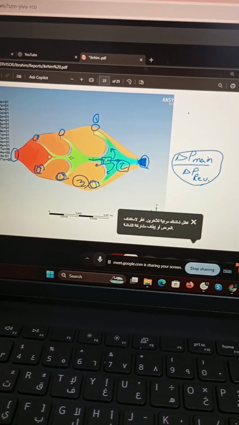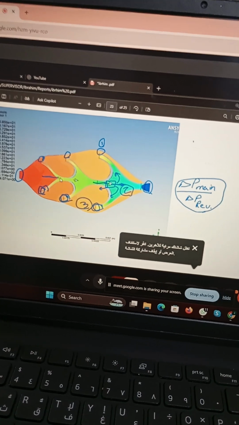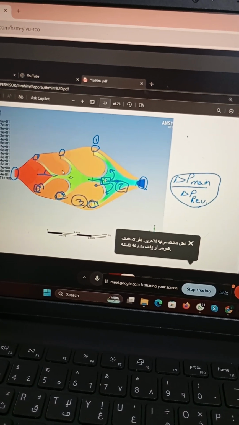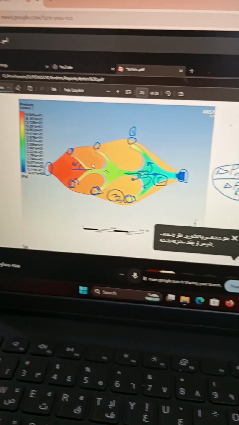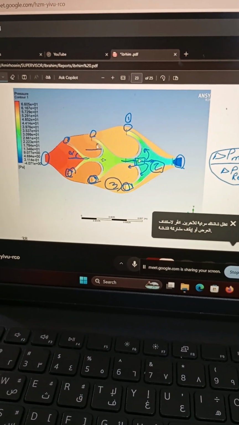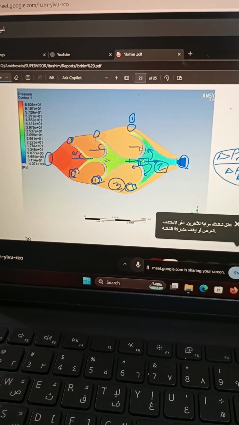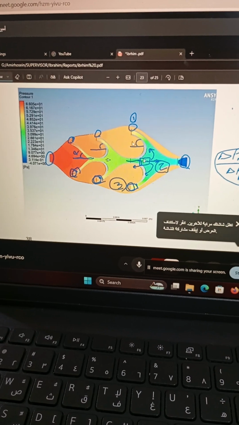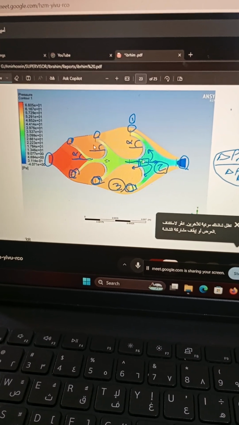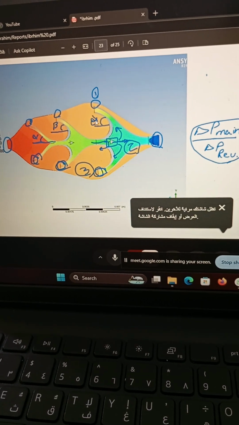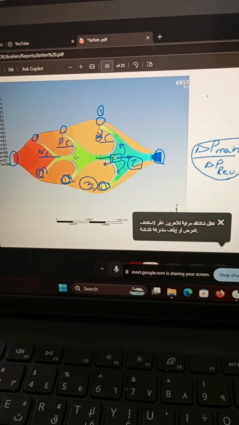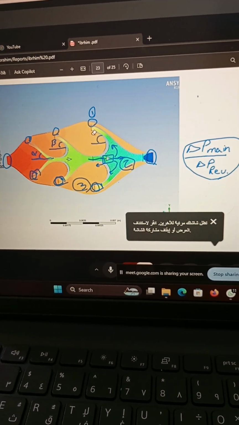The angle of this channel here, this angle. Yes. Doctor, you say this angle, okay. Yeah, these angles. The doctor is saying that these angles are good to be investigated, for example alpha, beta, and gamma. Okay, doctor, we will check that.